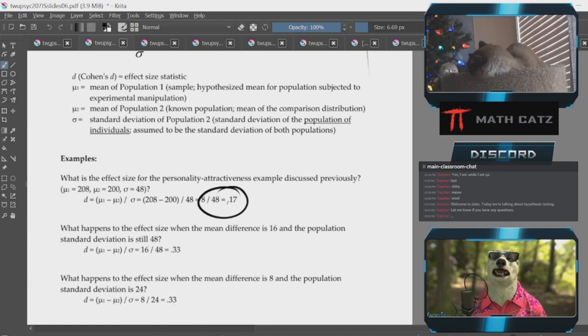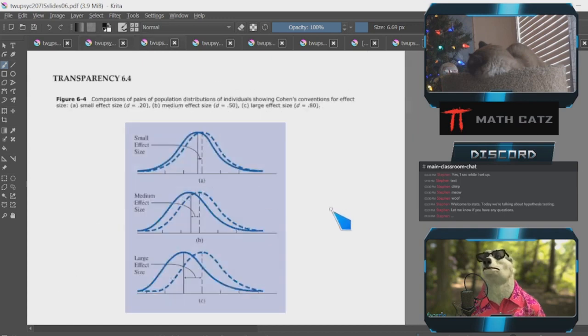All right, so effect size is one measure of the strength of the evidence, so to speak.